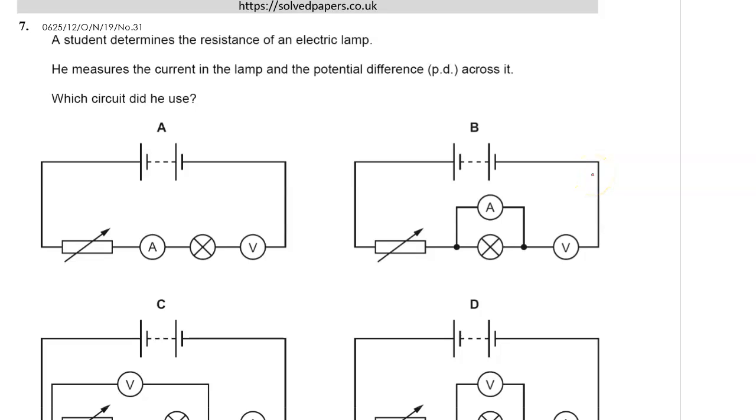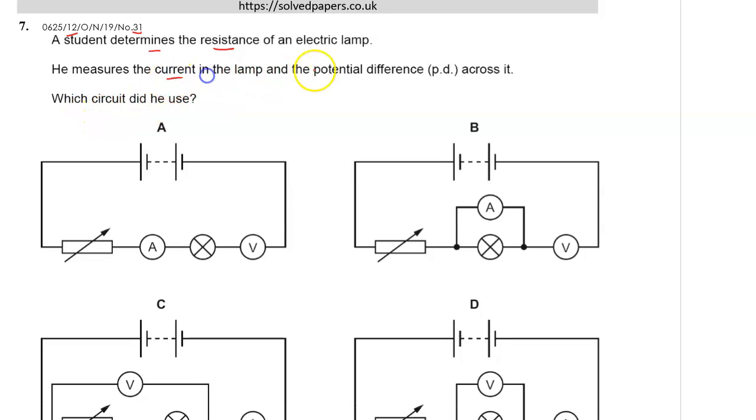Question number 7, of course, this is number 31 from variant 1-2. A student determines the resistance of an electric lamp. He measures the current in the lamp and the potential difference across the lamp. Which circuit did he use?